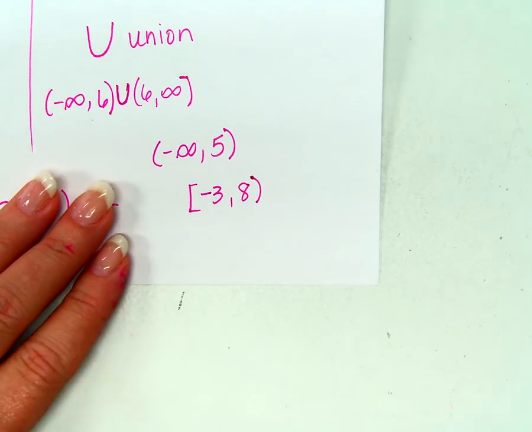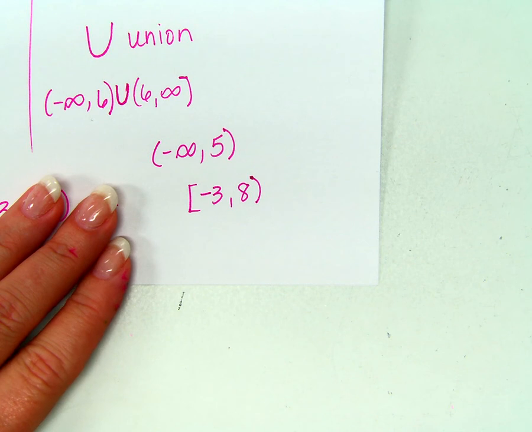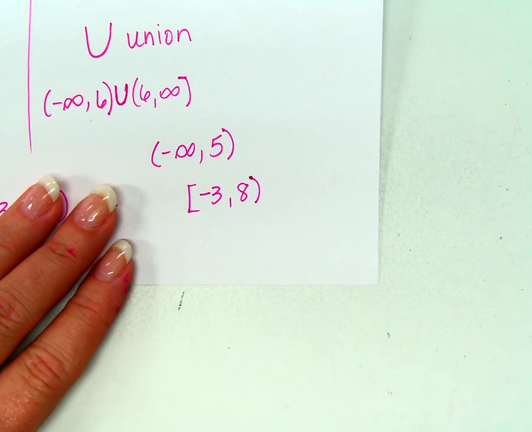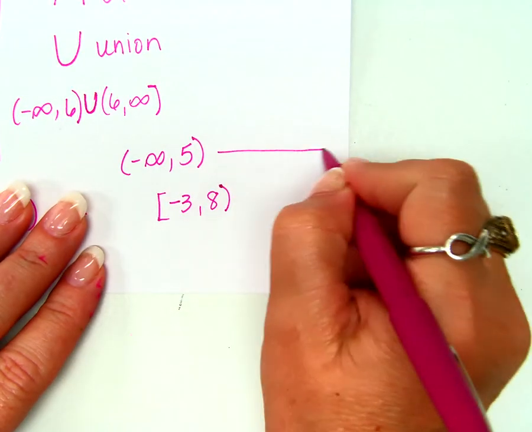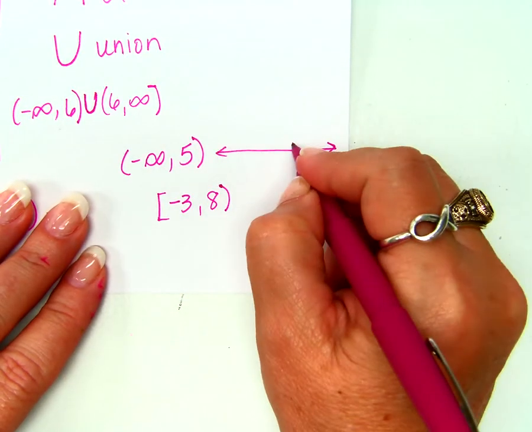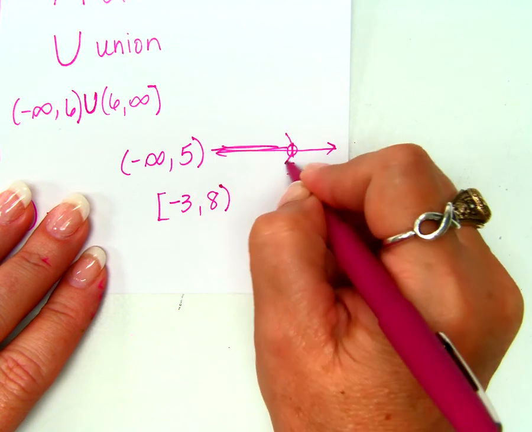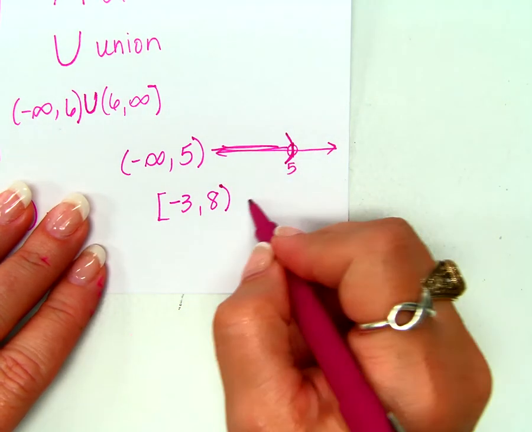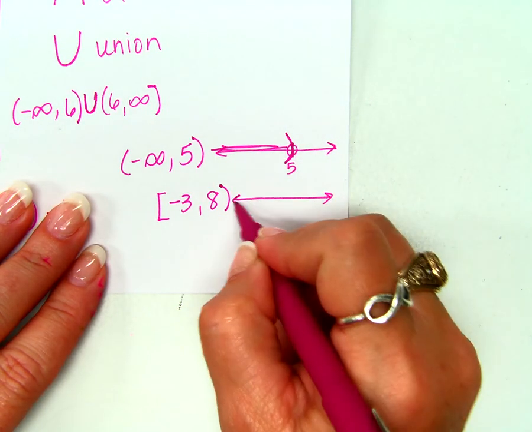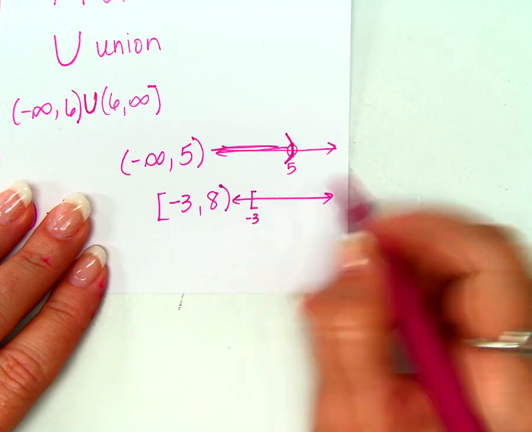Let's do a parenthesis on that one too. What would be the intersection of these sets? Well, you know how much a visual person I am, so let's do this. I know it looks like that. Right? And I know this one goes from negative 3 to 8.